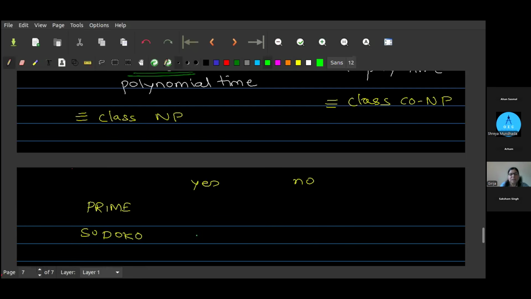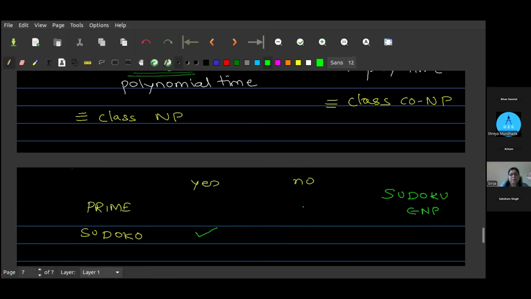That person gives you the certificate which is the entire filled in grid, and then you have to check all columns, all rows, and all subsquares, and that checking will take time polynomial in the size of the grid, which is n square itself. So this can be done in polynomial time, right? Everybody agrees that Sudoku is in NP because its yes verification can be done in polynomial time.